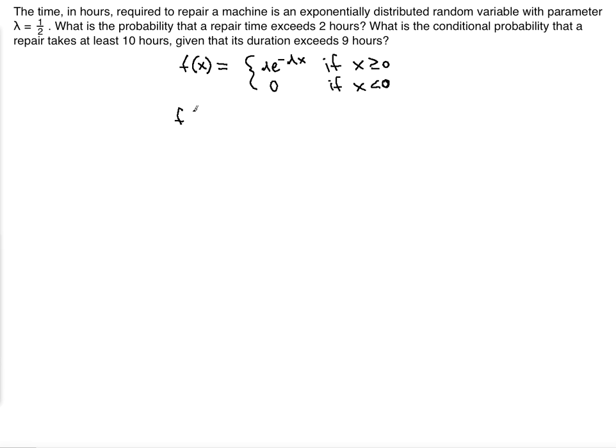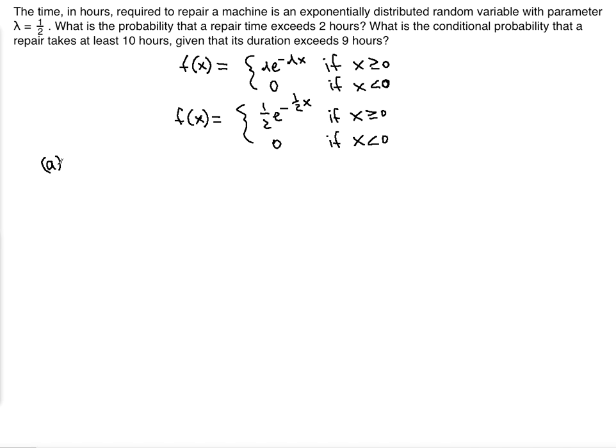So in this case, given the lambda value, the density is 1/2 e to the negative 1/2 x if x is greater than or equal to 0, and 0 if x is less than 0.